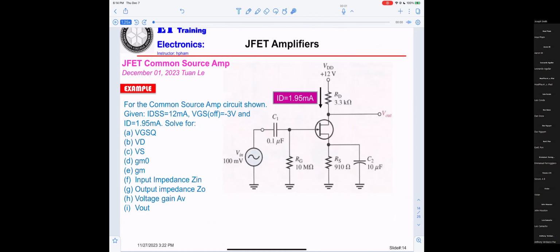Okay, let's see. And also, this is common source. Quick question: what type of bias is this? What type of DC bias for this circuit?